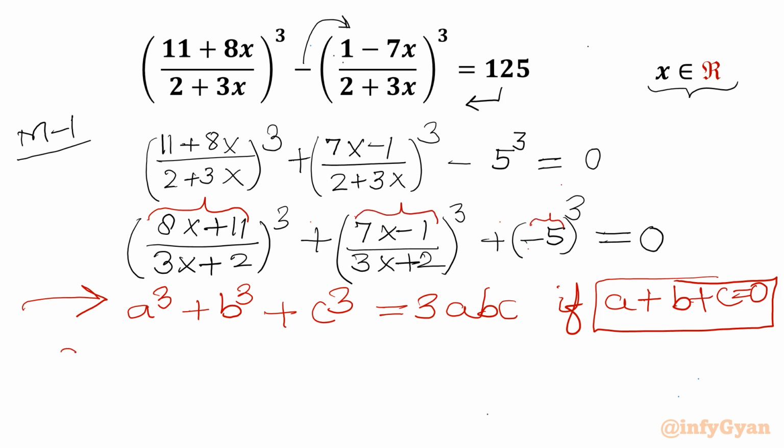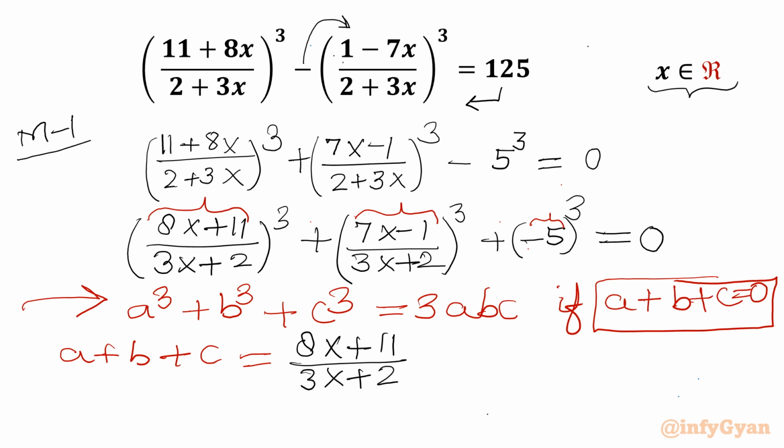So I will write here A plus B plus C value first. This will be equal to (8x + 11)/(3x + 2) plus (7x - 1)/(3x + 2). This is A, this is B, this is C. Then we have to add C also, that means minus 5.